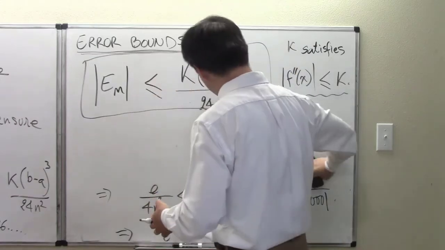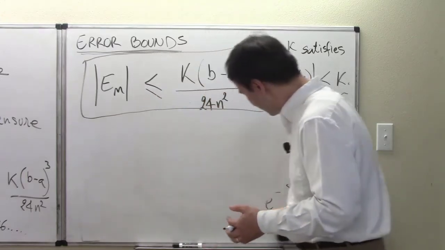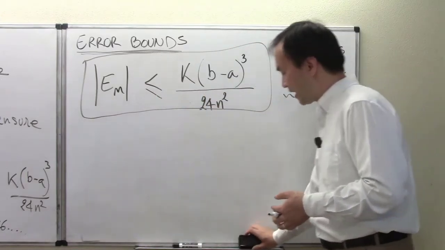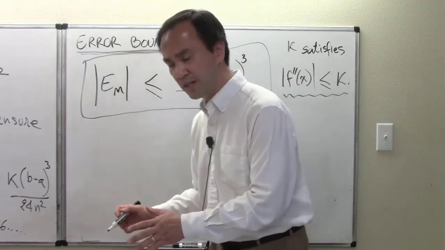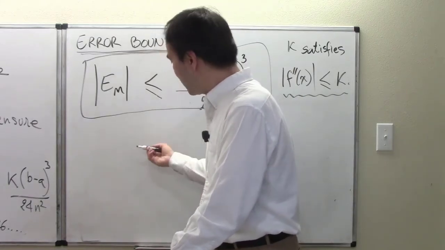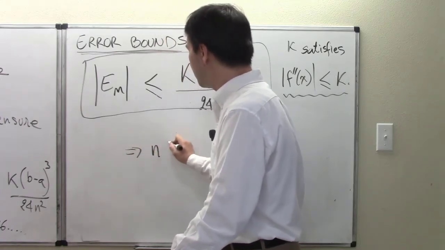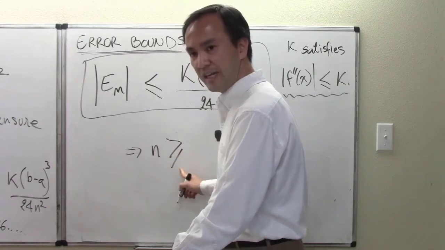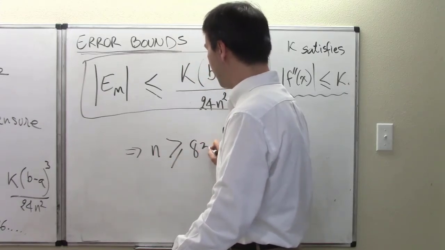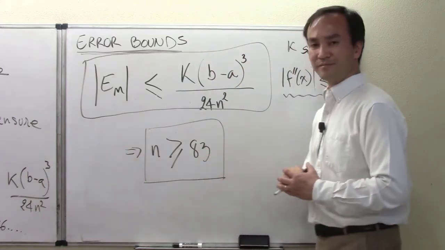Okay, so now with all this algebra worked out right here, we've come to conclude that in order to ensure this error bound to be within 0.0001, n has to be greater than or equal to, the least here is, 83.